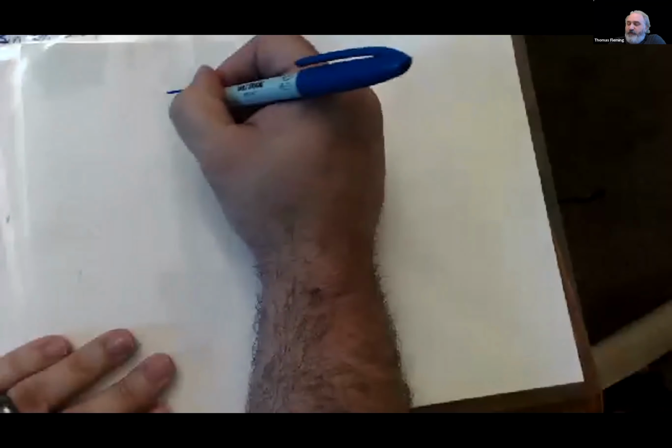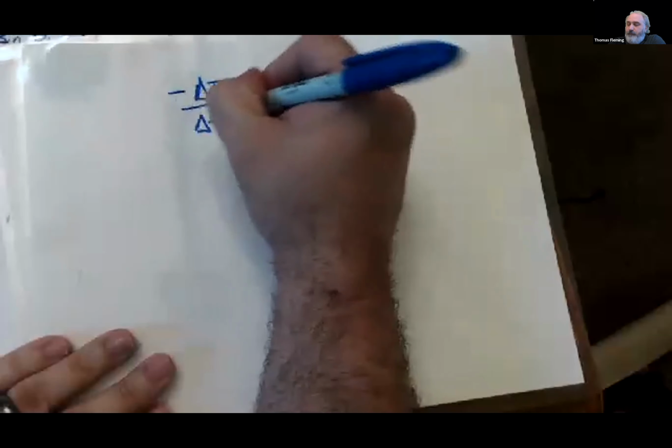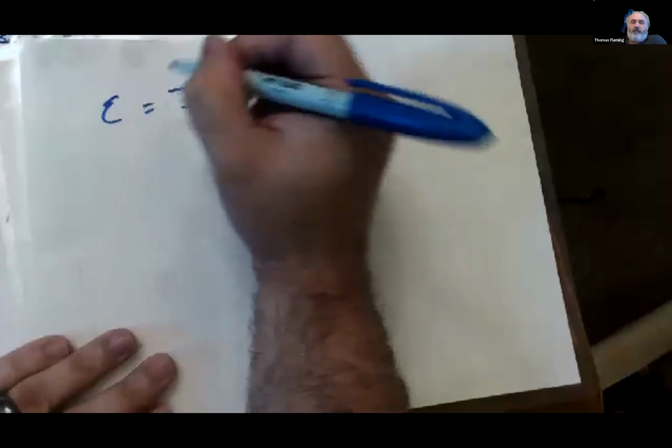So Faraday's law of induction talks about the induced EMF. EMF is just a fancy word for a voltage. So basically, if you've got some flux and that flux is changing over time, then you're going to get a voltage in response. And the minus sign says that it's going to try to fight the change.